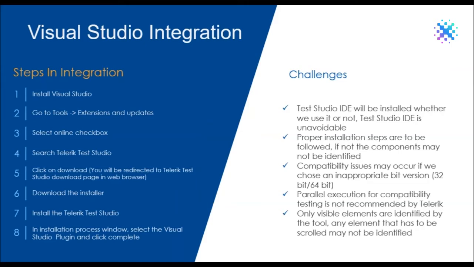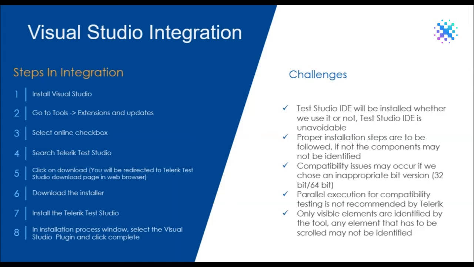Telerik doesn't recommend parallel execution of tests for compatibility. That's as per the documentation from Telerik. Only the elements that are visually seen or available on the screen can be identified by the tool.